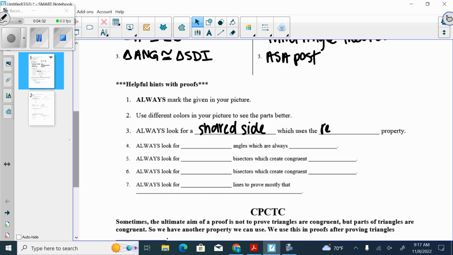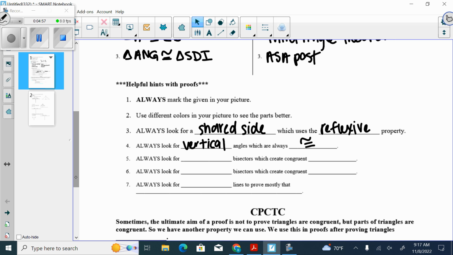Good. Okay. We also know that we can look for a couple kinds of angles. Vertical, good. When we have vertical angles, what do we mark them as? What do we know about vertical angles? Congruent, good. It is always congruent, very good.